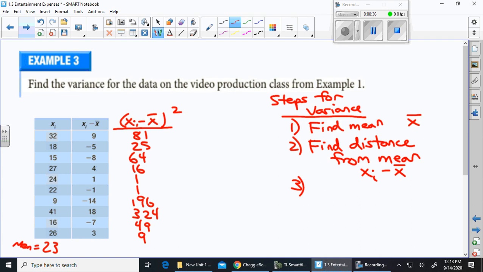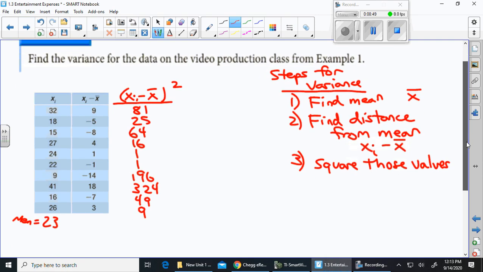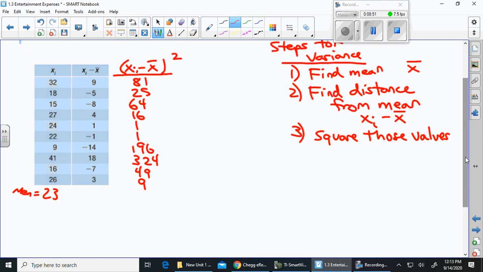Third step, square those values. So that's really where I got 81, 25, 64, etc. So now, how are we going to finish finding the variance?